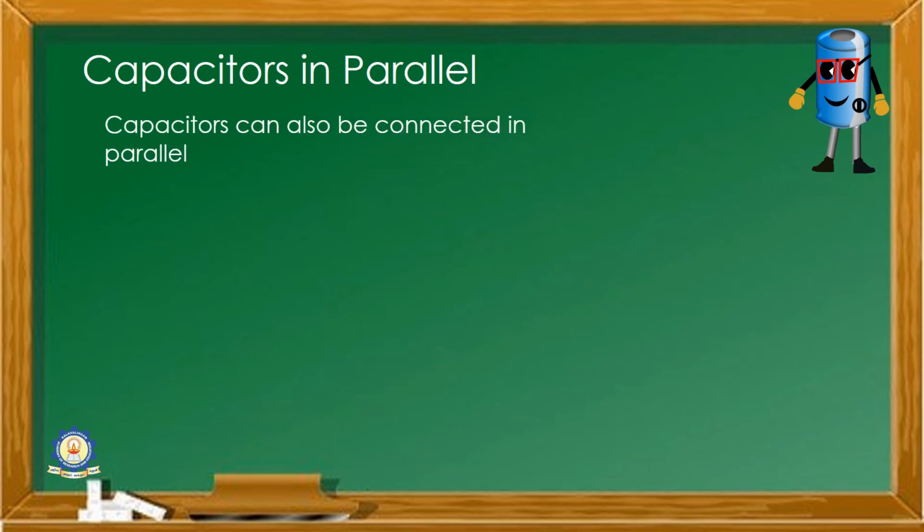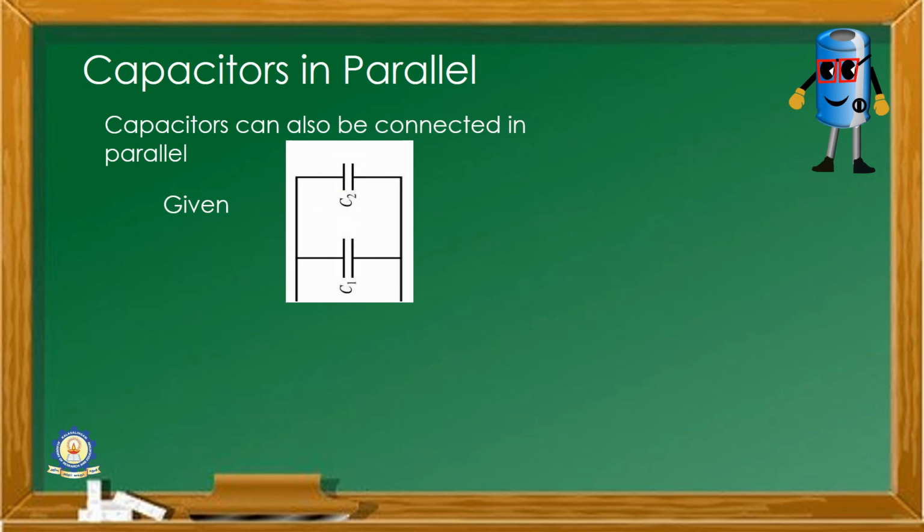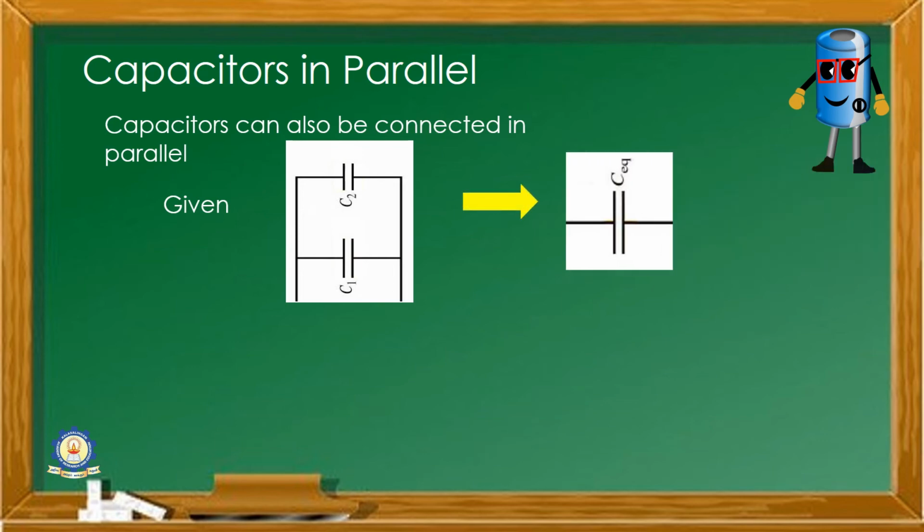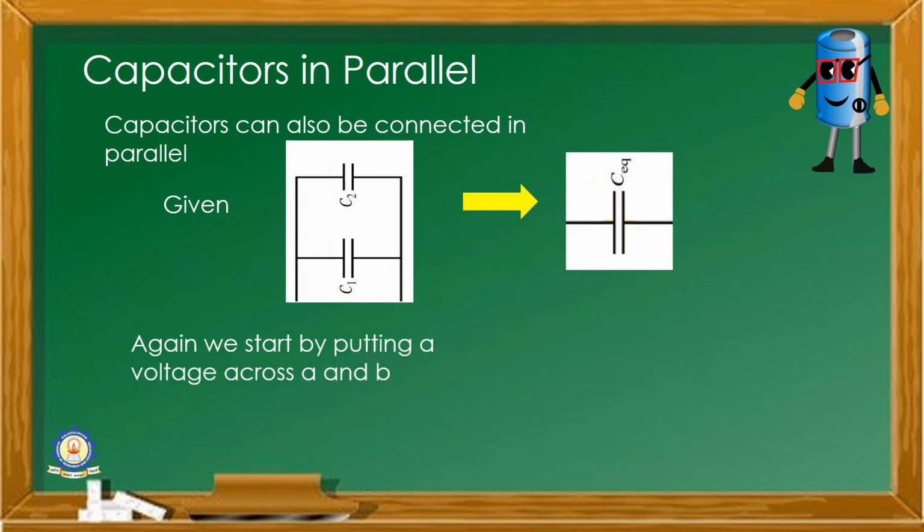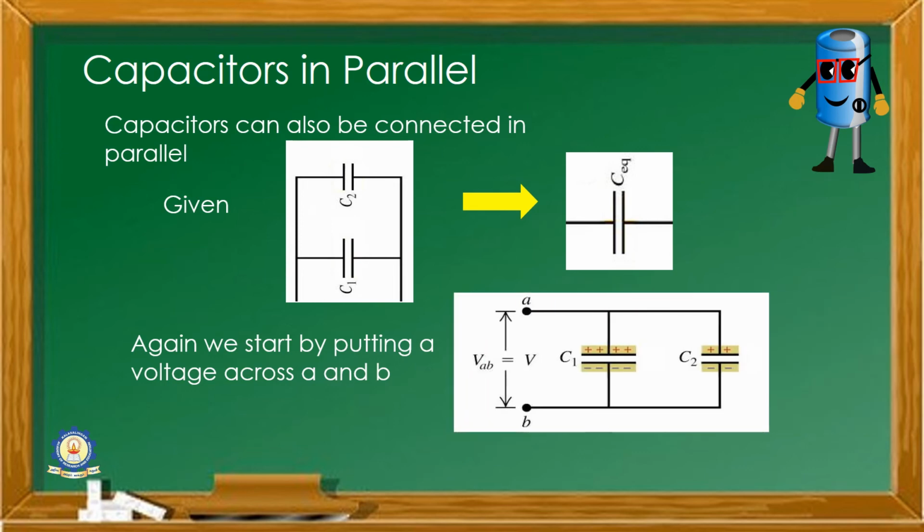Capacitors which are in parallel can be drawn as a block diagram in a circuit form like this. Then we get the equivalent circuit as a single block diagram or single symbol. Again we start by putting a voltage across AB. Now between A and B we have the potential difference.